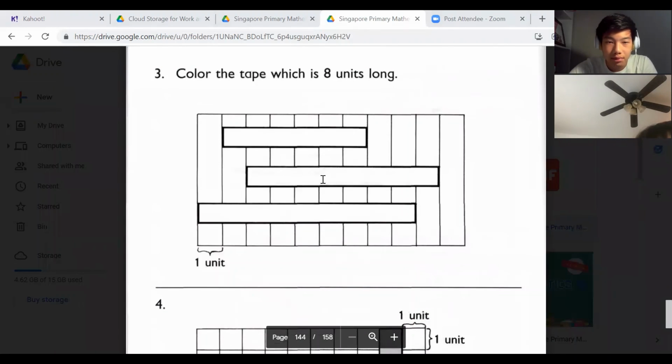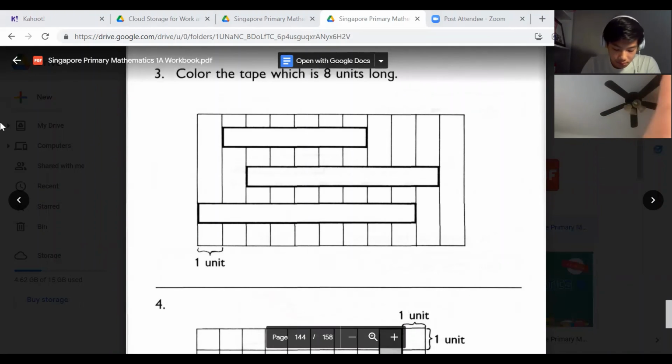Okay, so color the tape which is 8 units long. I'm done. Okay. 1, 2, 3, 4. Nice, perfect. Okay.